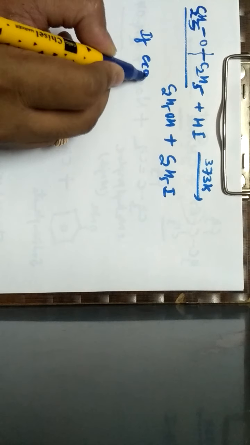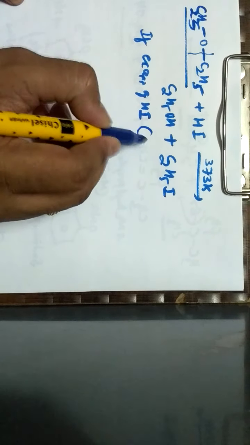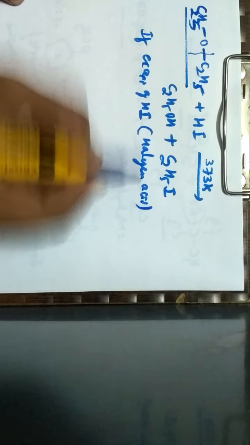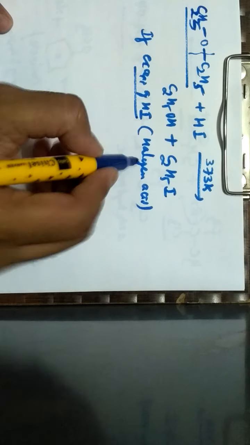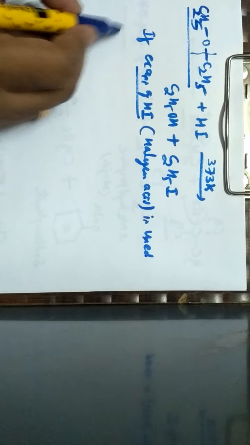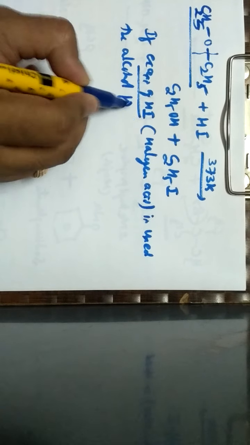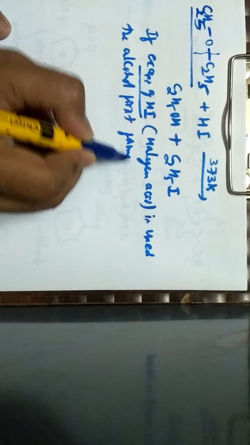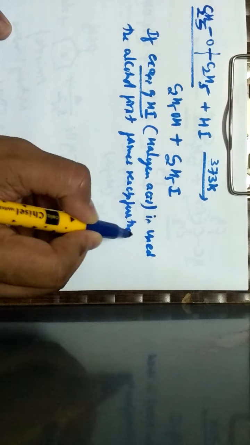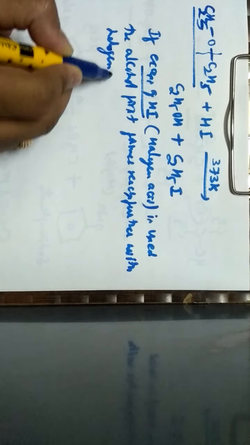If excess of hydrogen iodide or excess of halogen acid is used, the alcohol first formed reacts further with halogen acid.